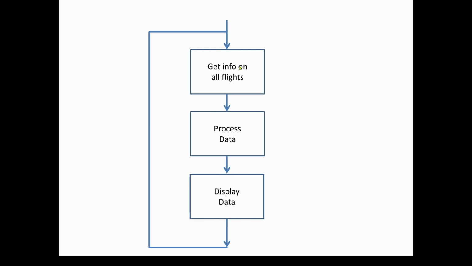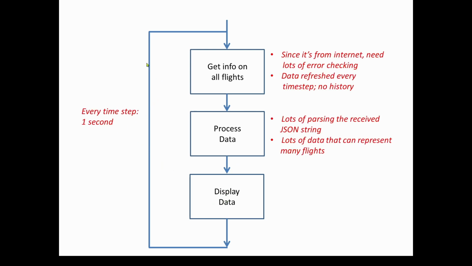We only grabbed 5 or 6 bits of information, but there's tons of information available for each flight. So we're going to do a lot of data processing, and that's going to take some time. So we're going to have to make sure we don't take too much time, or else our display is going to be very slow. And then once we've got all that figured out, we're going to have to figure out how we're going to display the data in our picture box.